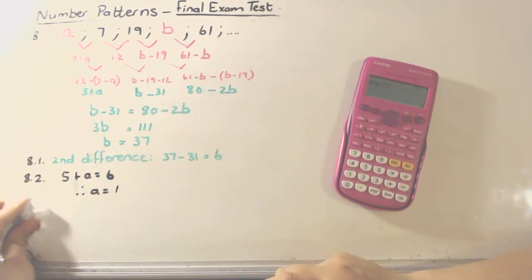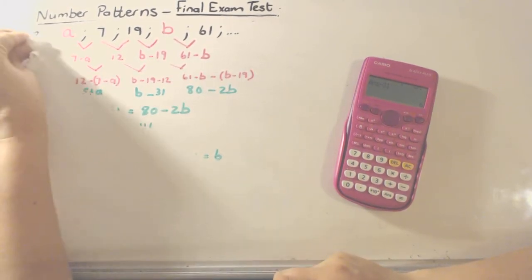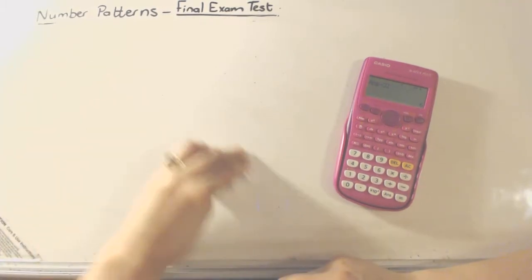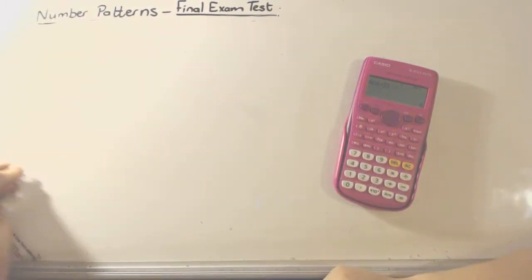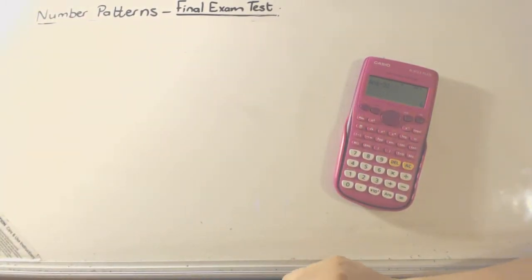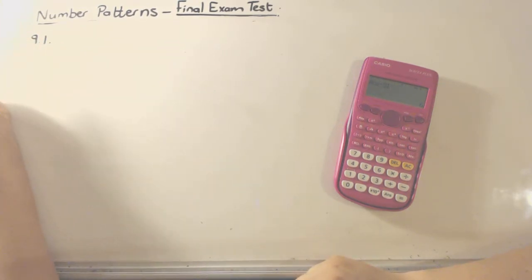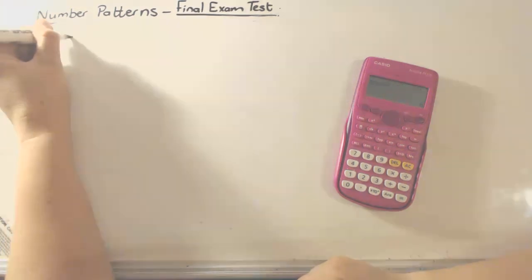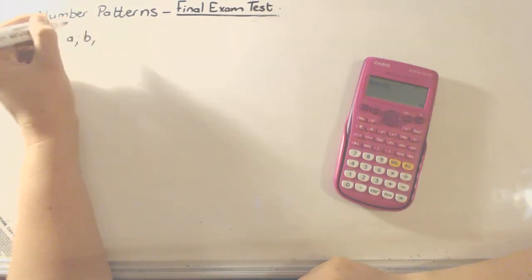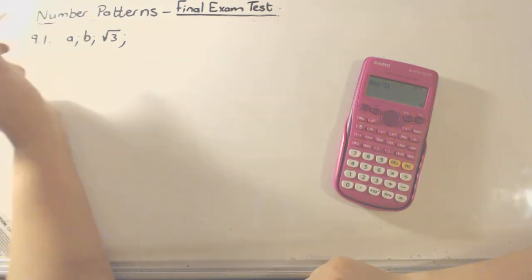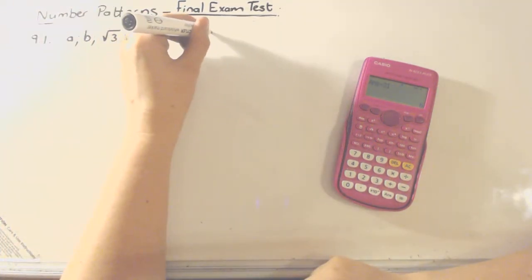Alright, then question 9, the last question here. Question 9 says a, b, root 3 are 3 consecutive terms of a geometric sequence.